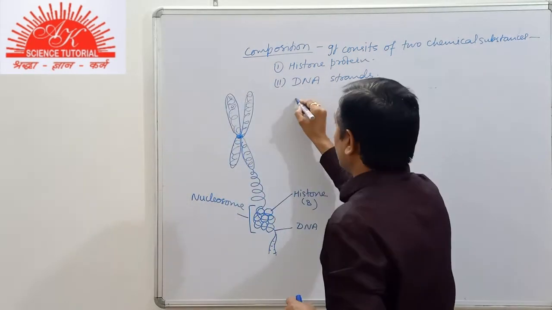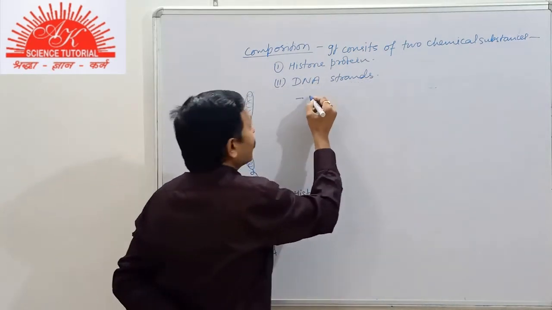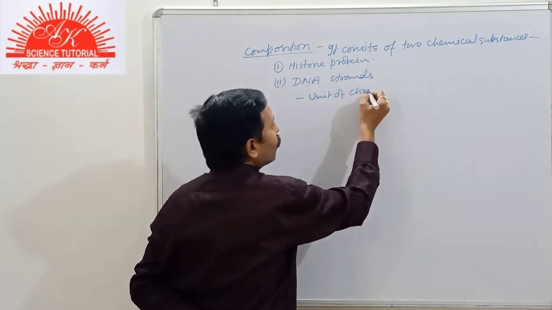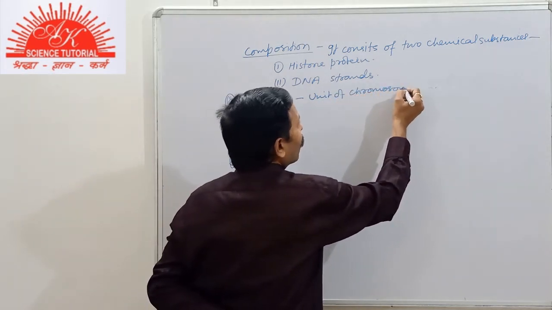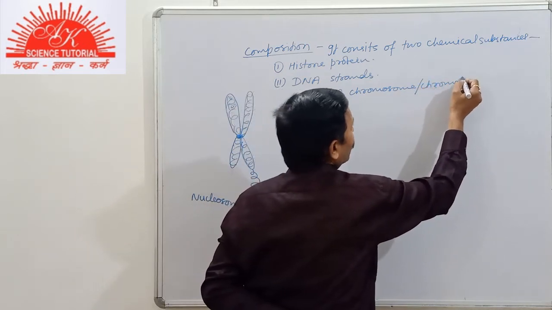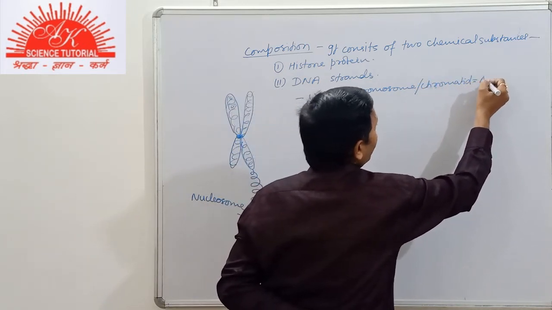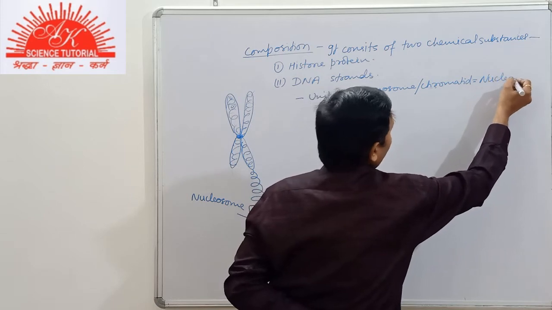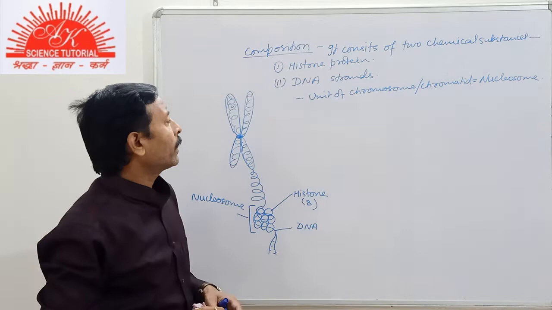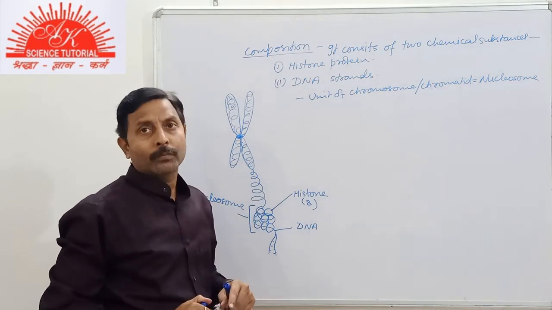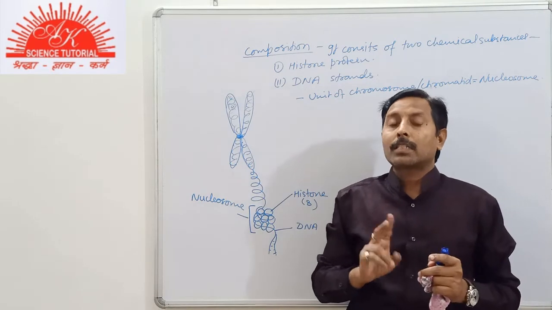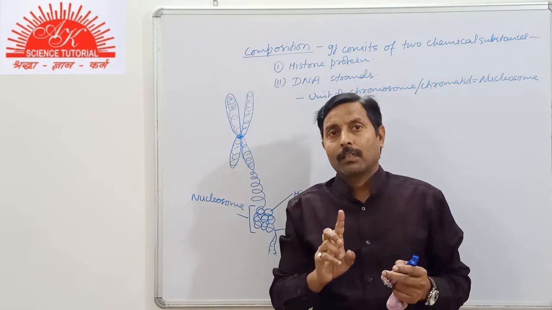So now you see, the unit of chromosome or chromatid is nucleosome, or we can say the repeating unit of chromatid is nucleosome. Now again, nucleosome or chromatid consists of 2 chemical substances.